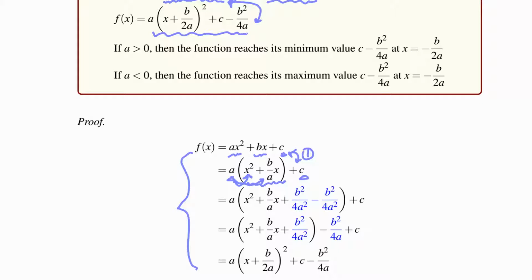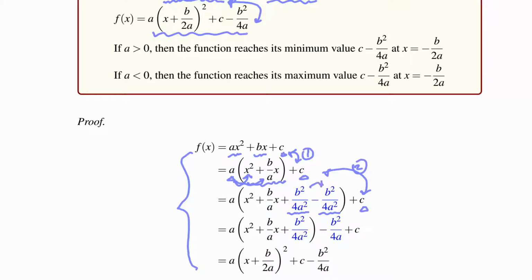And then step 2 is from row 2 goes to row 3. In this case, again, we leave C alone. What we did was add b squared over 4a squared, and then we subtract the same quantity.